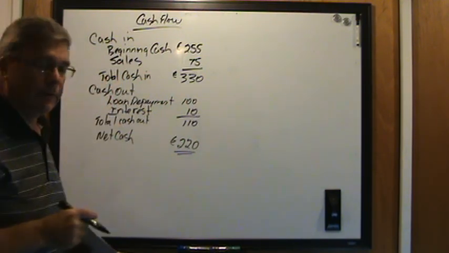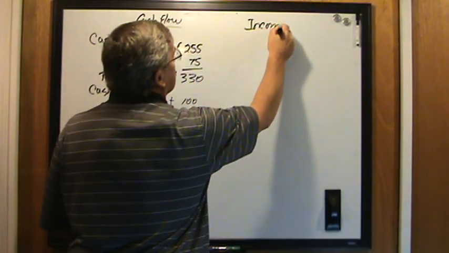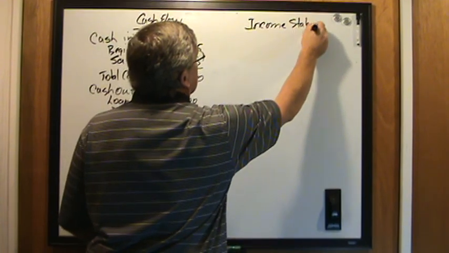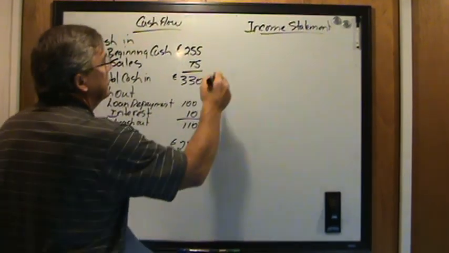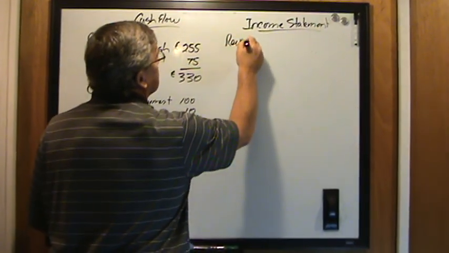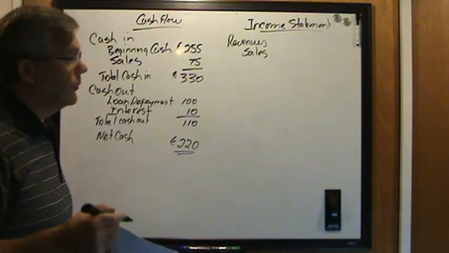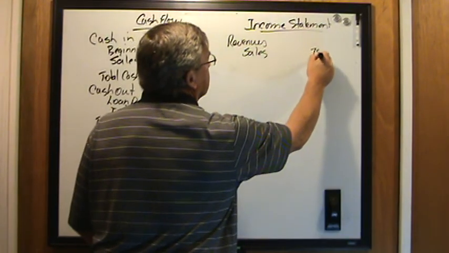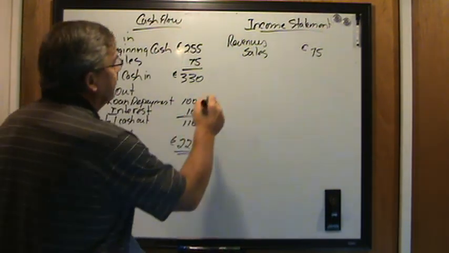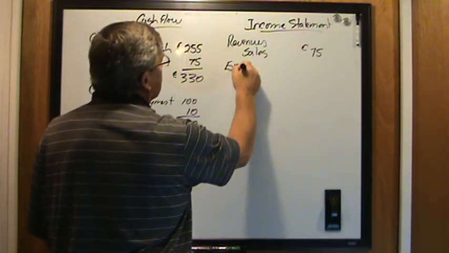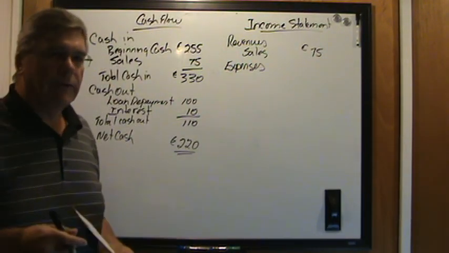Let's do the income statement over here, and then we'll do the balance sheet in the end. Income statement. Revenues. We had sales of the shirts for 75 euros. And the expenses are, first of all, the shirt expenses.